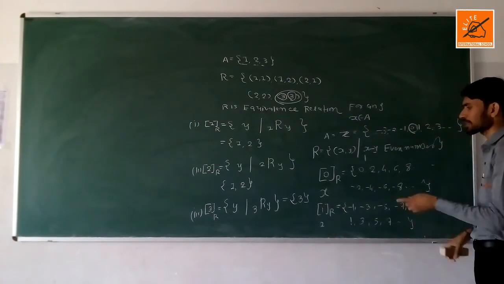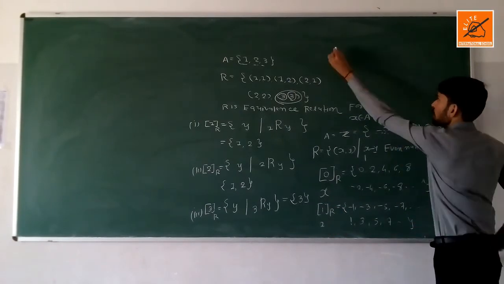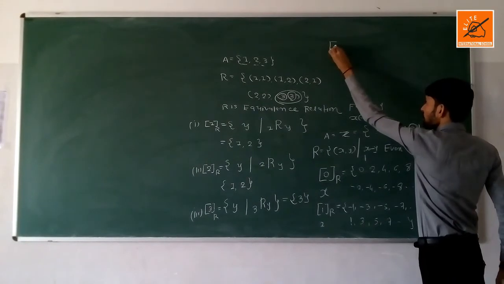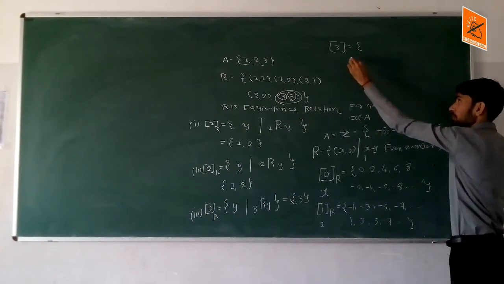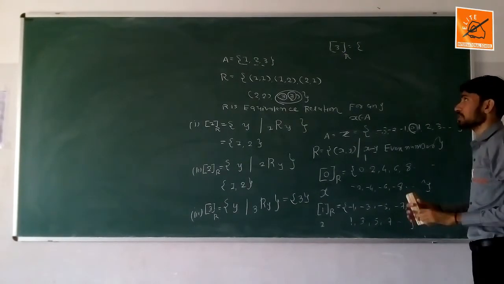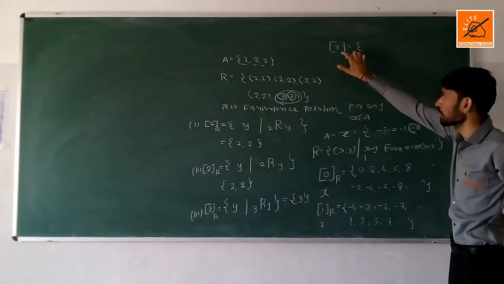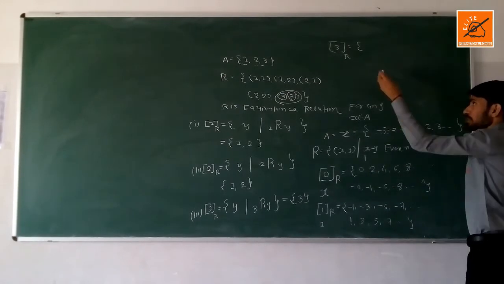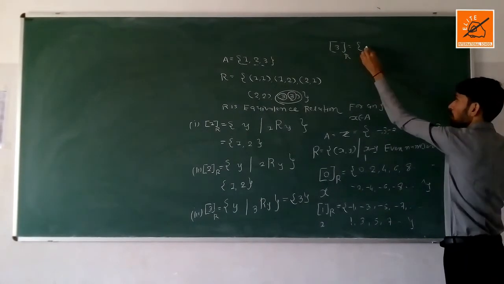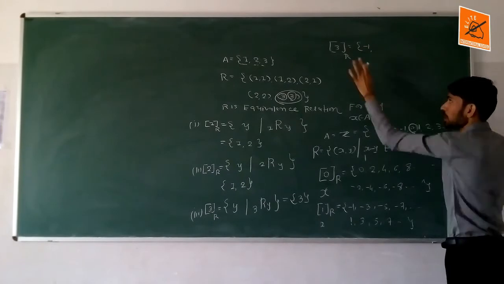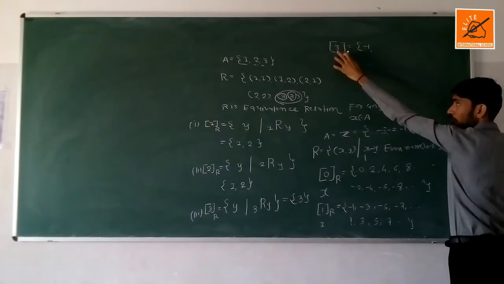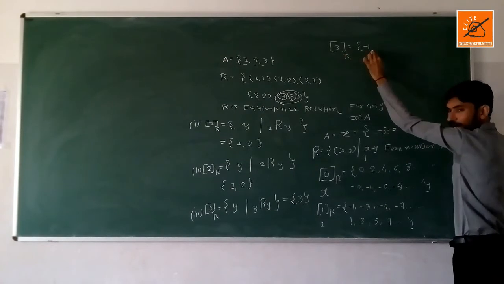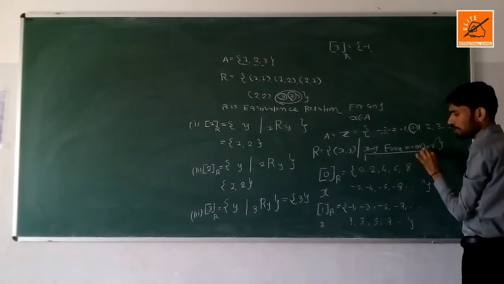Now we write the equivalence class generated by 3. This set contains those elements which are related to 3. The element -1 belongs to the set because 3 minus (-1) is 4, and 4 is an even number.